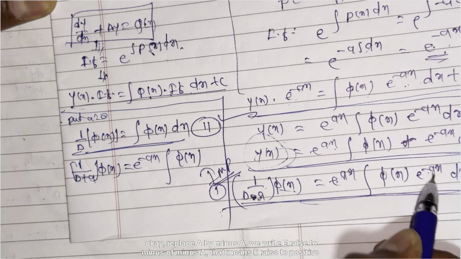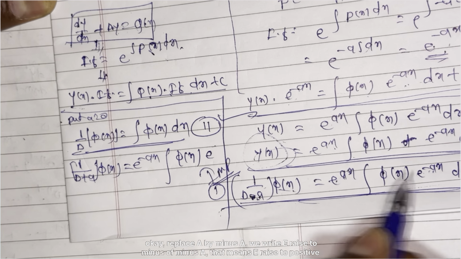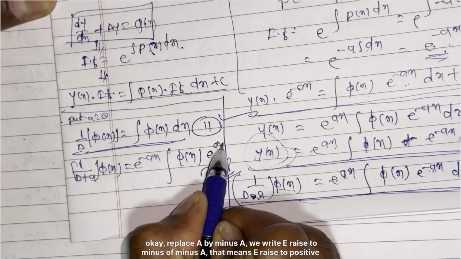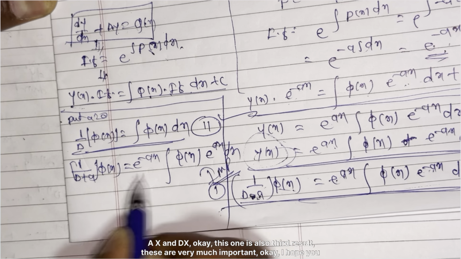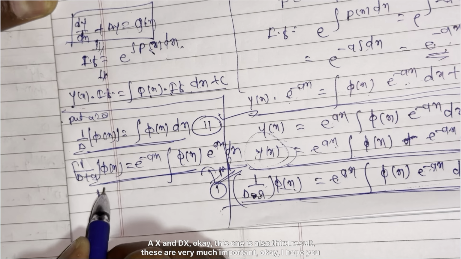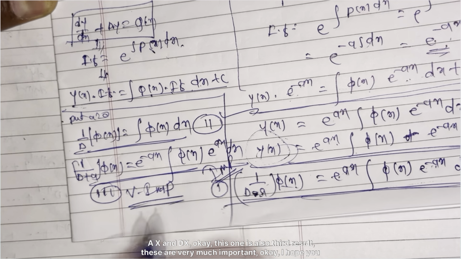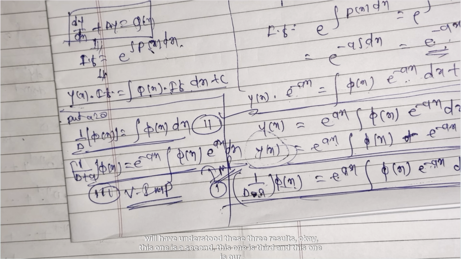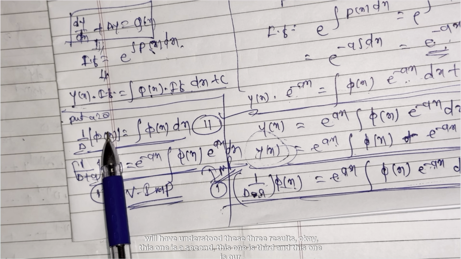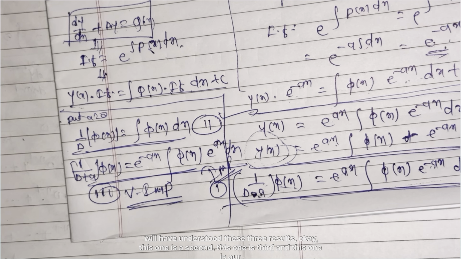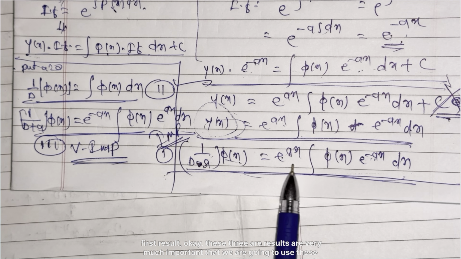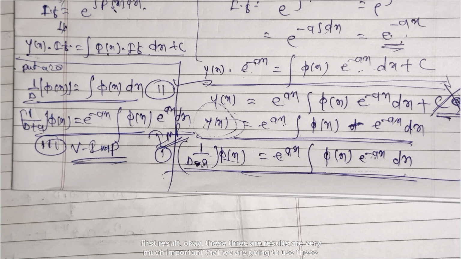We write e raised to minus of minus ax, that means e raised to positive ax, dx. This is also the third result. These are very important. I hope you all have understood these three results. This one is the second, this one is the third, and this one is our first result.